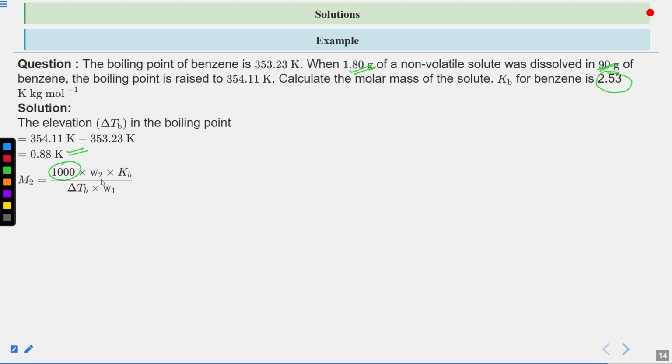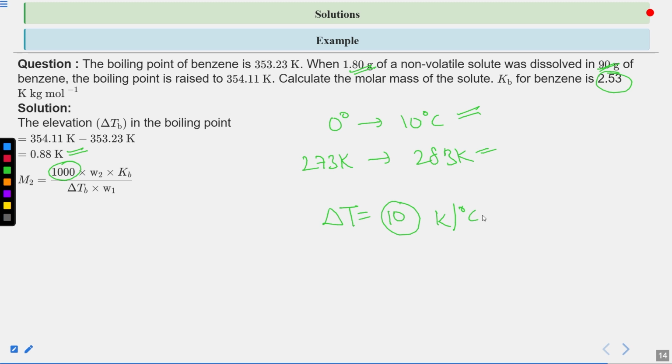It is 0.88 Kelvin. Now remember students, don't ever try to convert the change in temperature to degrees Celsius. Suppose you are moving from 0 degree Celsius to 10 degree Celsius, then we can say that we are moving from 273 Kelvin to 283 Kelvin. But in both cases, if you calculate the delta T, both values will be 10 in the numerical sense. The units may be different, but the value will be the same.